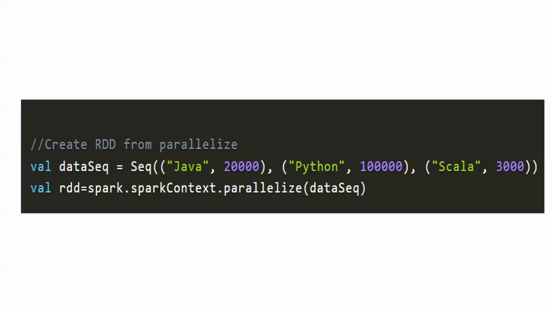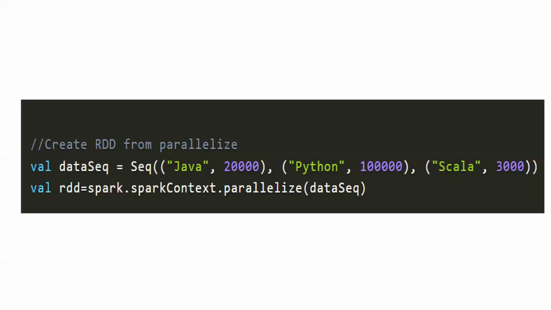Unlike Python, we do not have the same list and dictionary naming convention here; rather, it's a sequence. It's also like a key value pair, similar to the dictionary we covered in Python. Here the key value pairs are Java 20,000, Python 1 lakh, Scala 3,000.